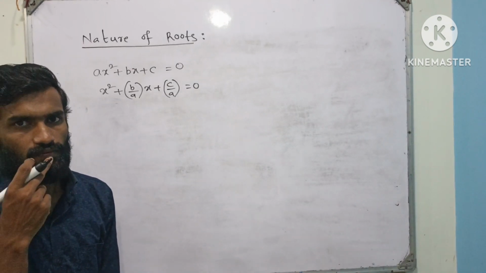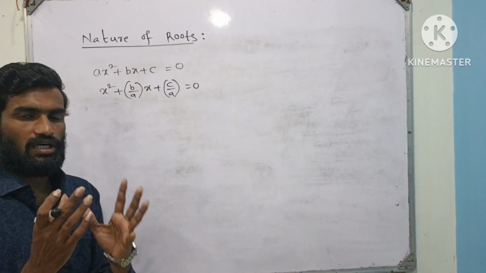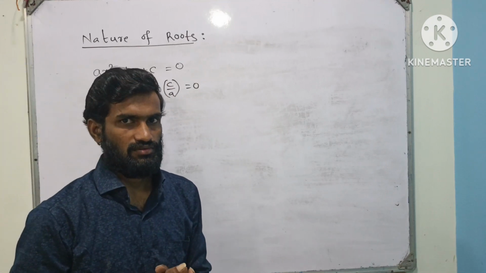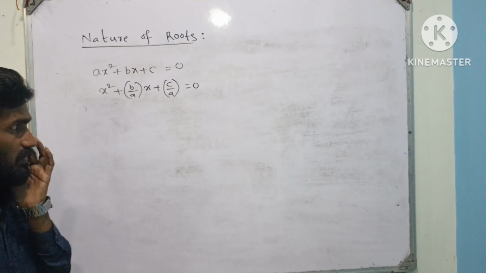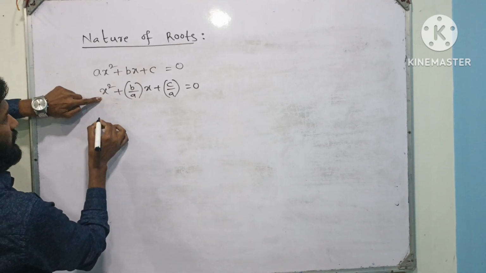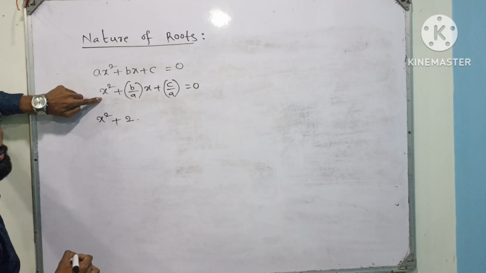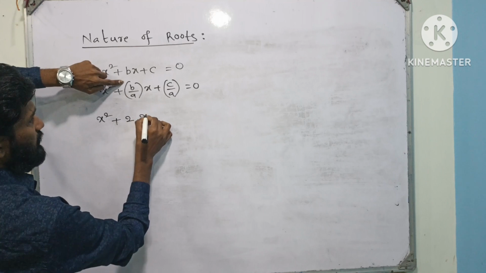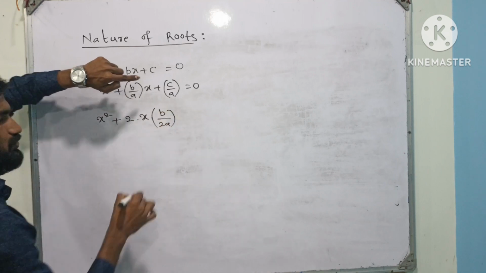If you want to get the quadratic formula, you need to convert this one into a perfect square. So now I am going to convert this one into a perfect square. Here x square is there, x square plus I am going to multiply with 2, which is x only, and here b by 2a I can write.